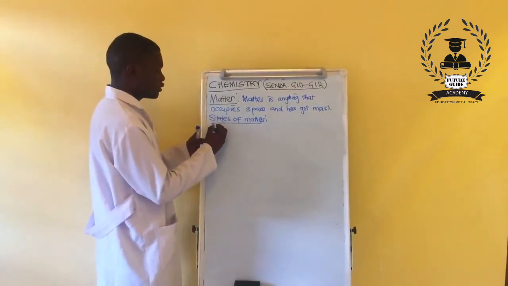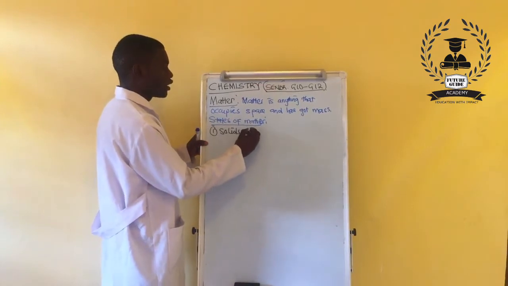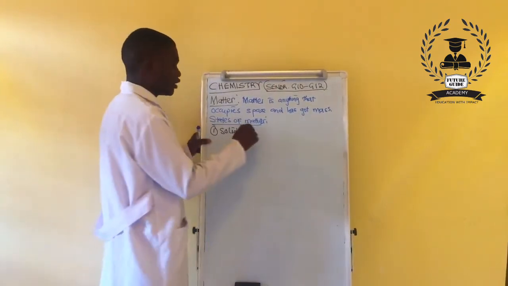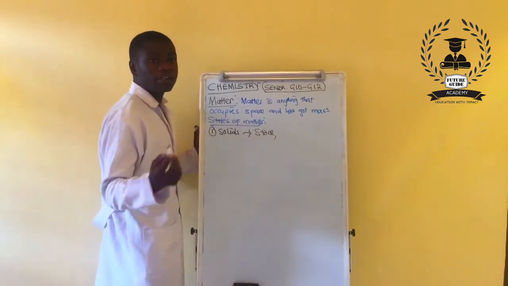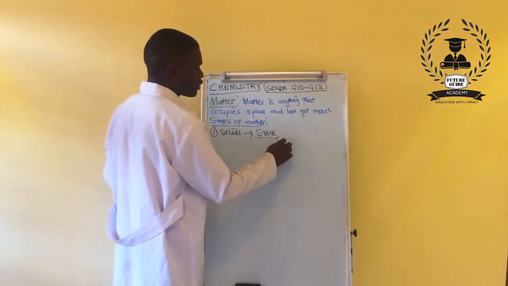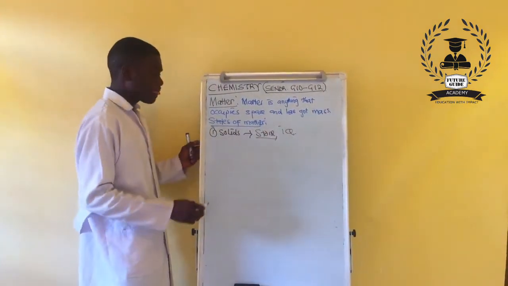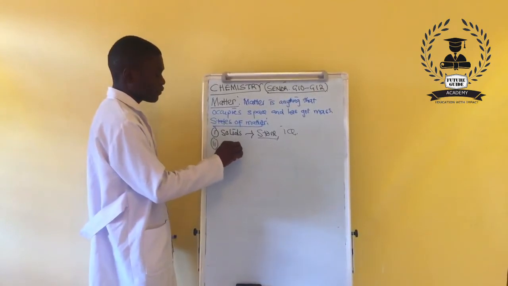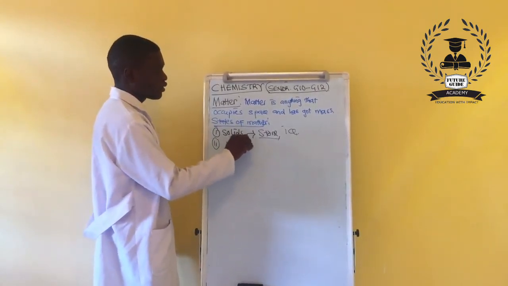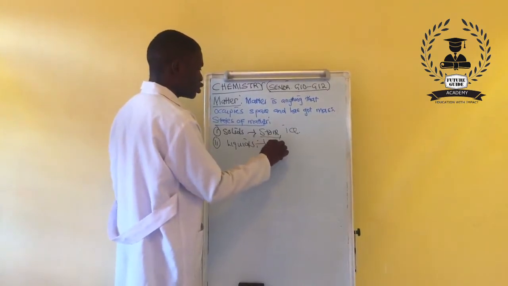States of matter, we have said there are three. We've got one, which is solid. Example of a solid, you can just pick on a stone. Any other solid, you've got ice, which exists as a solid. Another one, we've got liquid. A very good example of a liquid, we've got water.